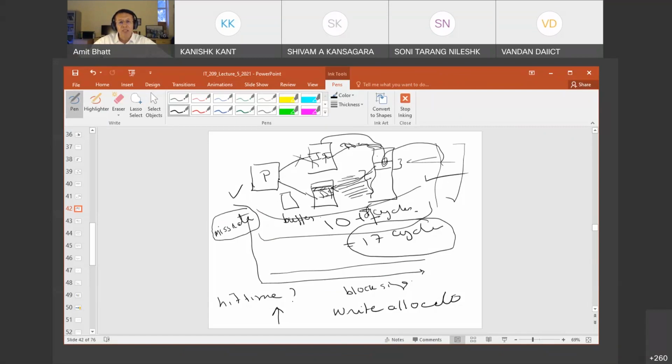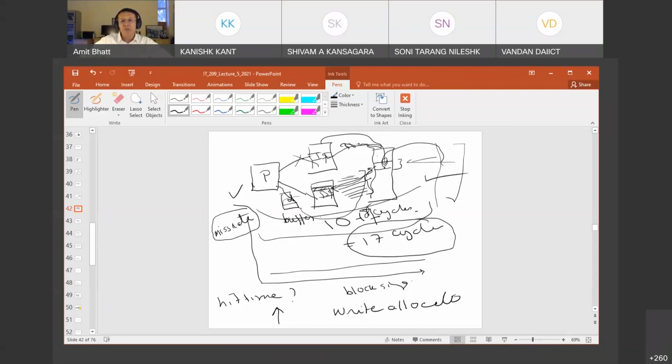Whatever value the processor wants to write, if it is not found here, it will just throw it into the buffer and forget about it. And the processor would start executing the next instruction. Then it becomes the responsibility of the memory management unit to take the value from this buffer and update it into L2, supposing that particular block is there in L2.